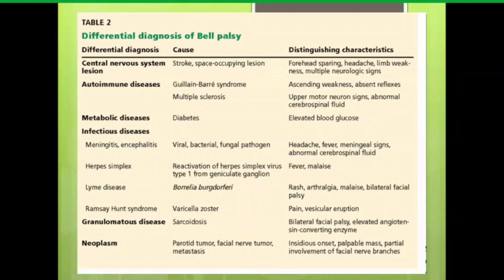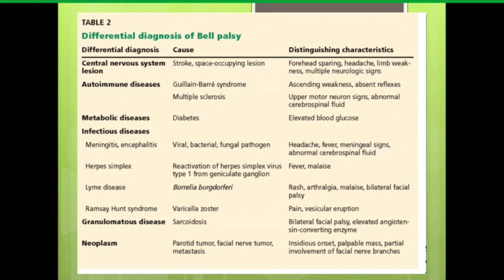So in general it is an ascending kind of weakness with absent reflexes, where lower motor neuron lesions are seen. But very rarely the presentation is descending, where the cranial nerves are involved, of which the facial nerve is an important one. Other causes include multiple sclerosis, where upper motor neuron signs are there and abnormal cerebrospinal fluid is seen.